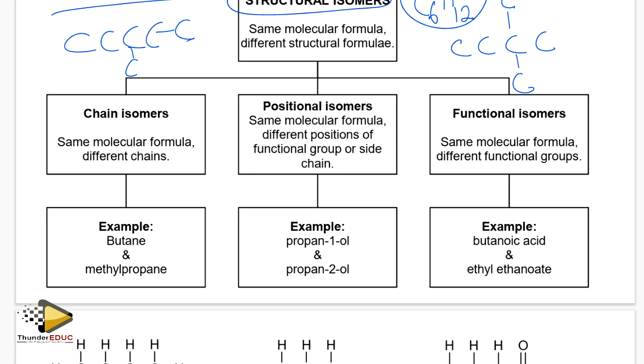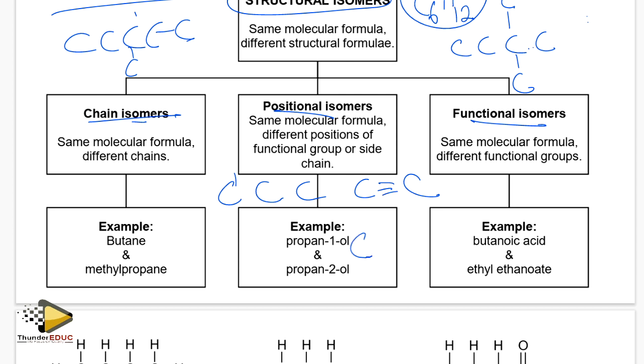Anyway, structural isomer. So we have what is called a chain isomer, the positional isomer, and the functional isomer. Chain isomer, the main chain changes, and you have these side groups. Position isomer, you change the position of the functional group. For example, it was 1, 2, 3, 4, 5, and here is a triple bond.